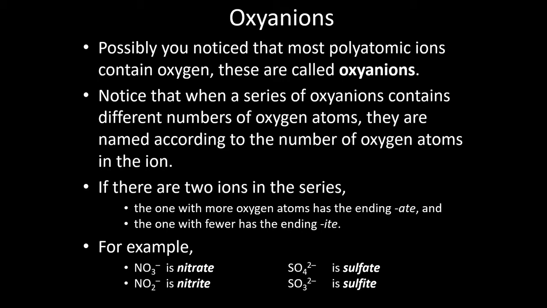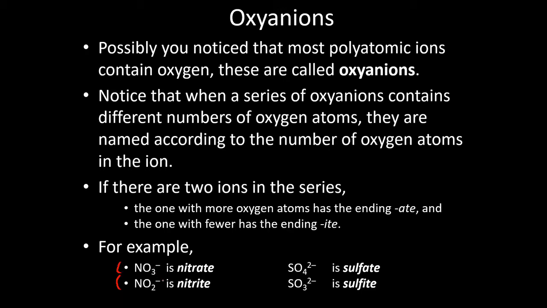And quite often these oxyanions will come in series. What I mean by that is you will have multiple polyatomic ions where the only difference from one ion to another is the number of oxygens in the ion. So, for example, there is a nitrogen oxyanion series that contains nitrate and nitrite.